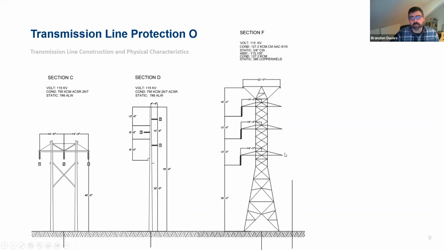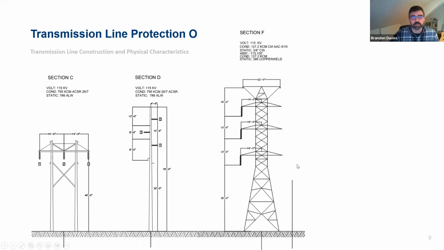The one on the right here is set up so you can actually use this same structure for 2 separate lines. So you can hang one off of one side of the structure and another off of the other side of the structure. So that's a double circuit configuration.